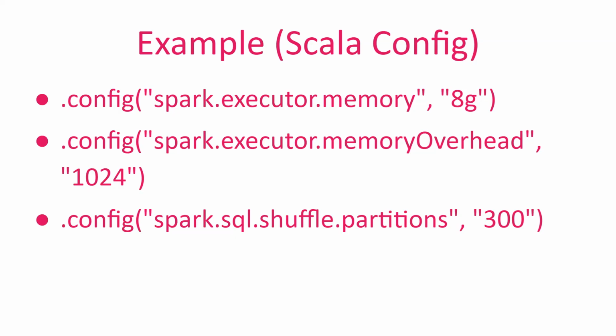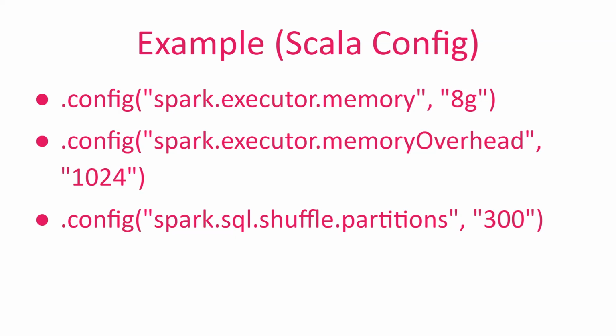Fix skew with repartition: val df2 = df.repartition(300, col("customer_id")). Instead of caching, we write df2.persist(StorageLevel.MEMORY_AND_DISK).